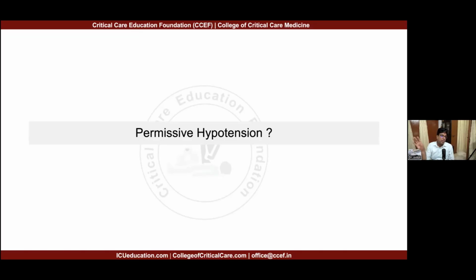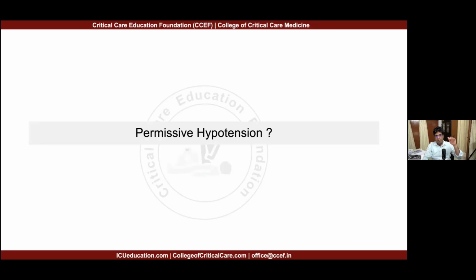But they excluded the patients with traumatic brain injury, because in traumatic brain injury the brain perfusion is compromised if we don't maintain the mean arterial pressure or systolic blood pressure. So if you are dealing with a traumatic brain injury patient, you need to keep systolic blood pressure above 100 and 110. Don't get into maintaining permissive hypotension in such patients.